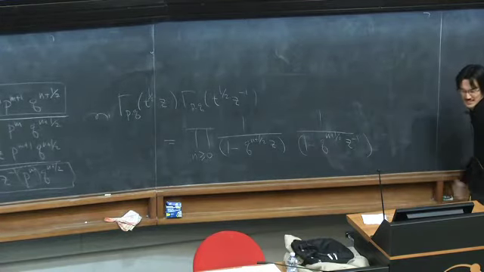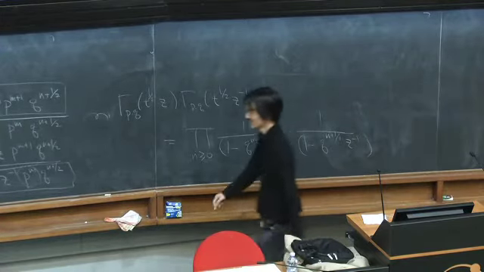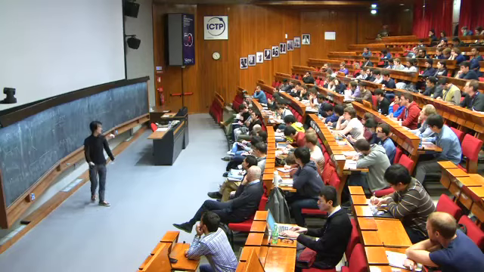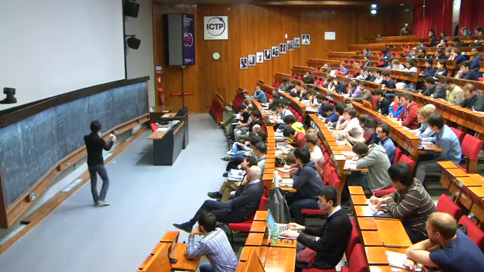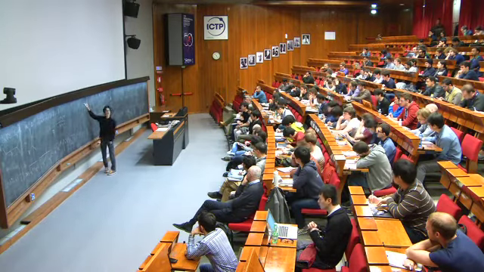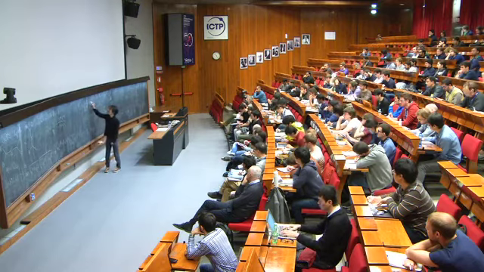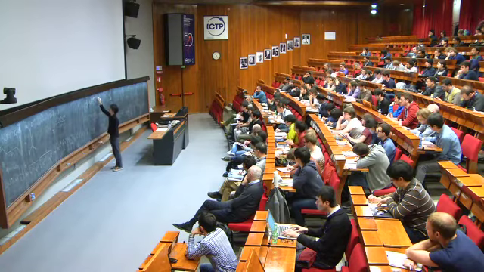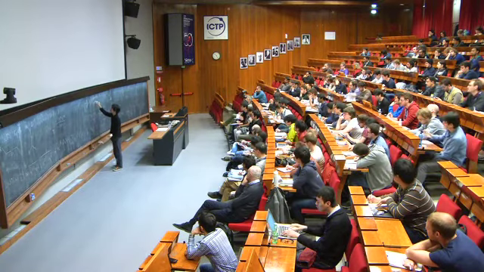Much better. Here I explicitly did the computation, but it is a general property of the N=2 superconformal index that if you set q equals t, the p dependence automatically drops out.